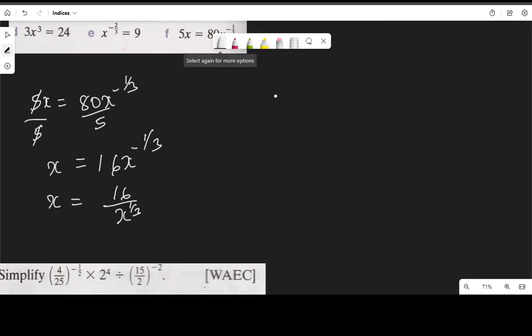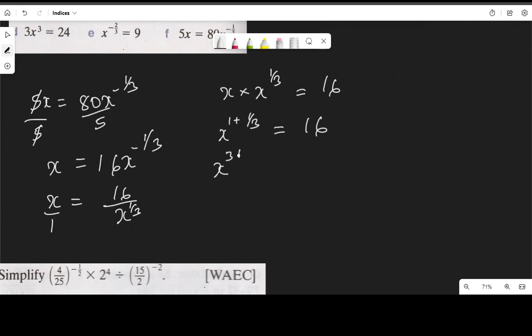If I cross multiply this, I have s times s to the power of 1 over 3 equal to 16, meaning s to the power of 1 plus 1 over 3 equal to 16. 1 plus 1 over 3, that is s to the power of 3 plus 1 over 3, which is 16. s to the power of 4 over 3 equal to 16.